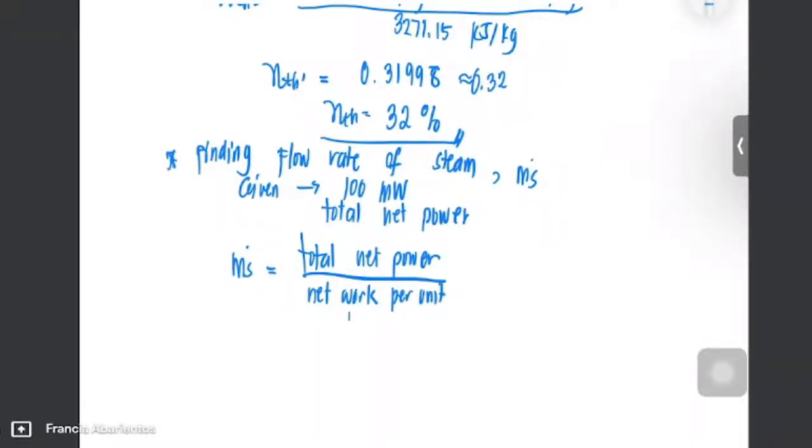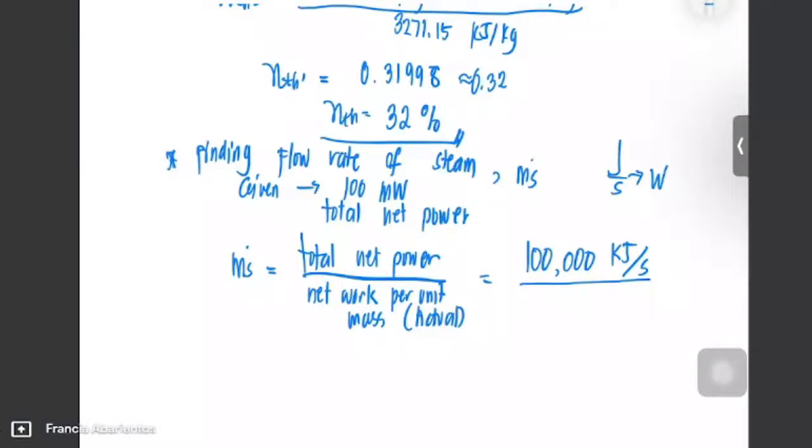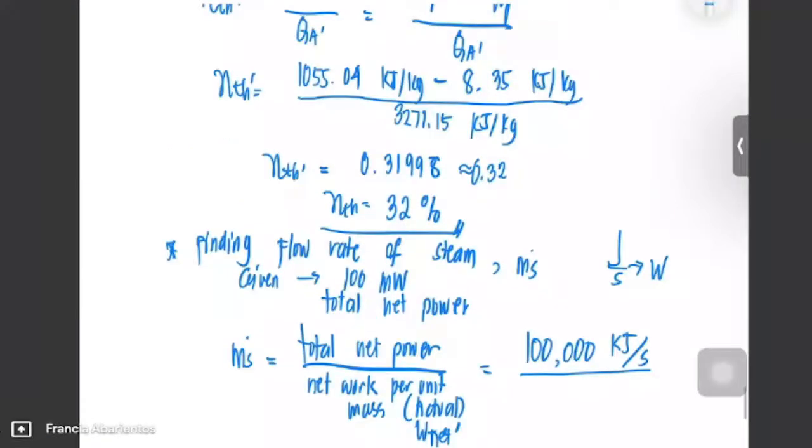Ito yung actual kasi given naman sa problem. So we have 100 megawatt. So in kilojoules, that is kilojoule per second. Joule per second is in watt. Over the actual work net.